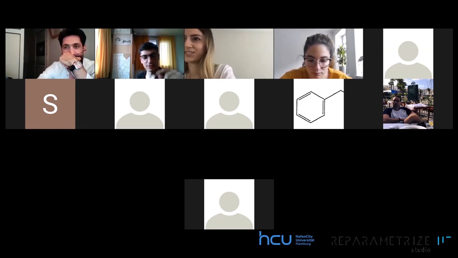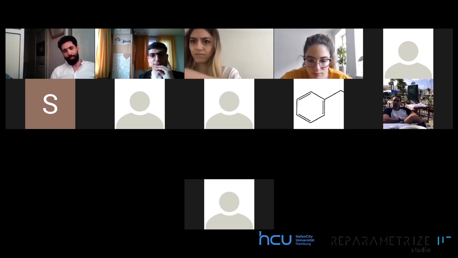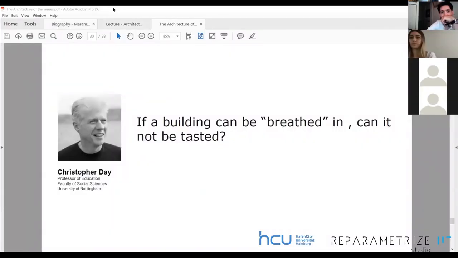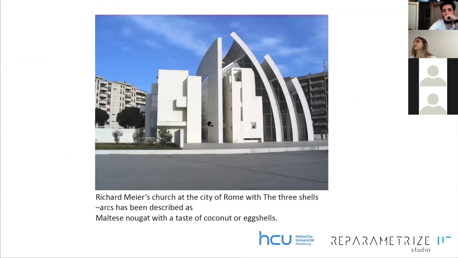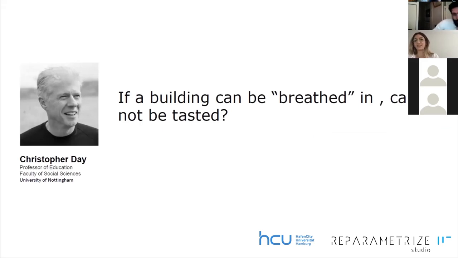Okay, I just shared my screen, but it shows just Zoom, photos, Skype, Microsoft Teams.